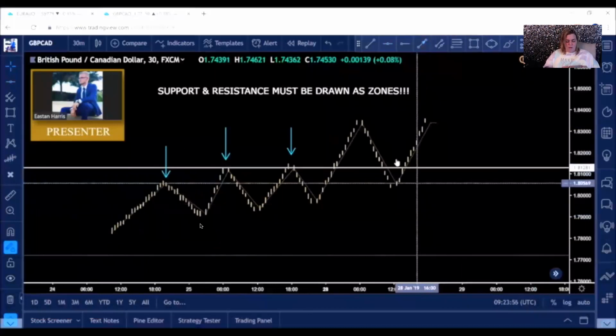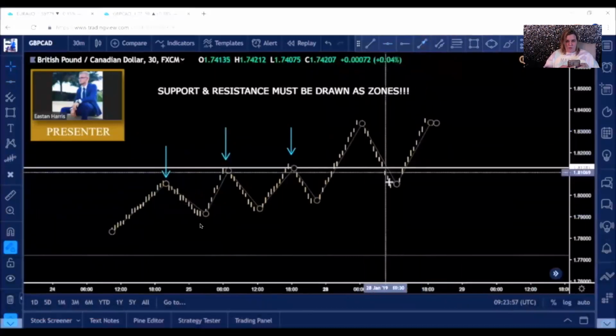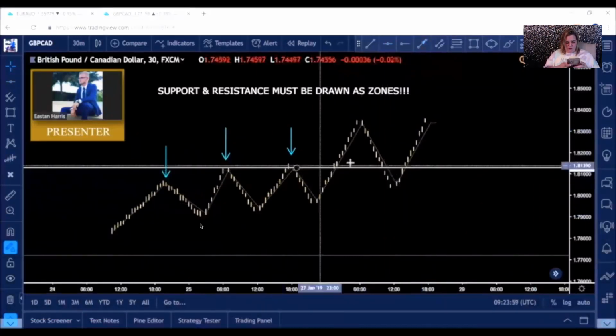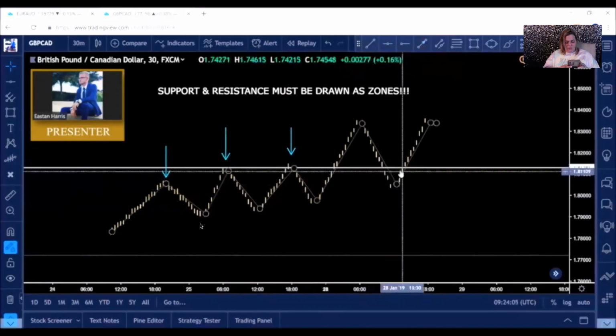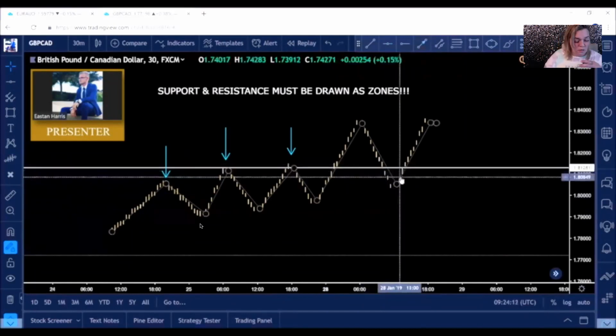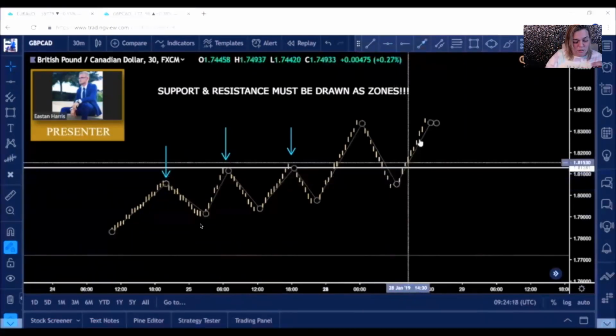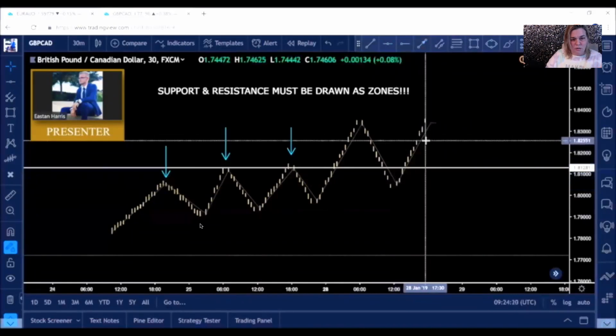What will happen is price will come through, break this support and resistance area that we have from here, and retest it. And we're going to talk more about this when we talk entries. It's going to retest, you're going to enter for a sell, and you're going to lose. You're going to lose money. 7 out of 10 times you will lose money on a support and resistance line.